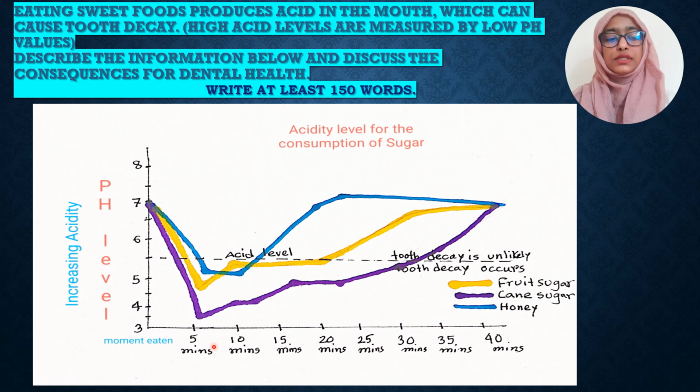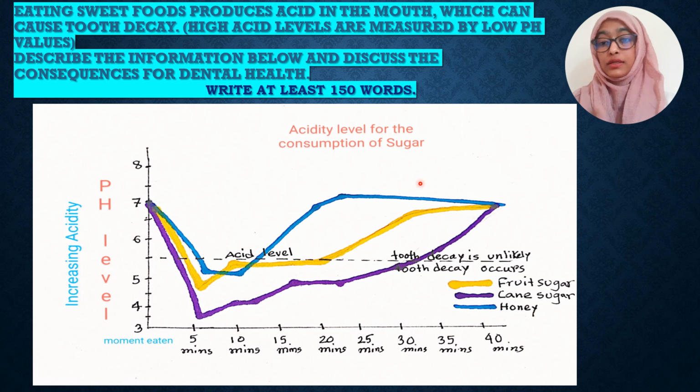Which food causes the least amount of acid or keeps your mouth out of danger zone the quickest? For example, here the blue line is for honey. If you are intaking honey, the pH level will drop and then it will reach to the safest zone very quickly, right?